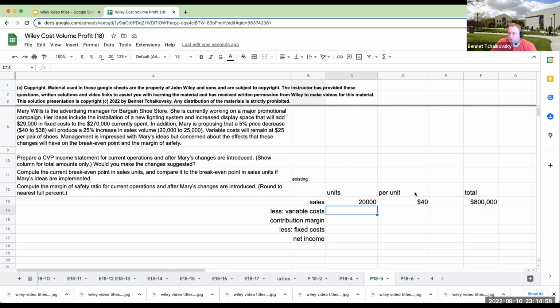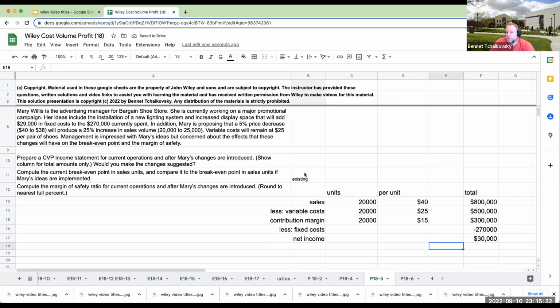Variable costs will remain at $25 per unit, so 20,000 times 25. Our contribution margin per unit is 15, so our contribution margin is going to be $300,000. Our fixed costs are $270,000, and so our net income currently is $30,000.